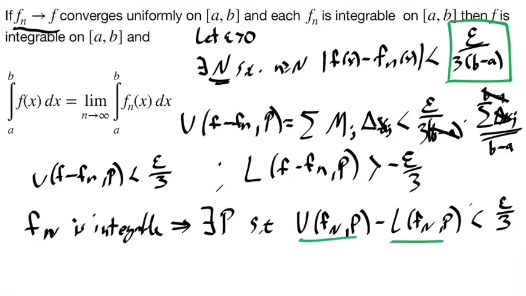That's just what integrable means, right? So the definition of integrable means you can take your lower and your upper sums, and the difference of them can be made as small as possible. Okay, so that's my result.